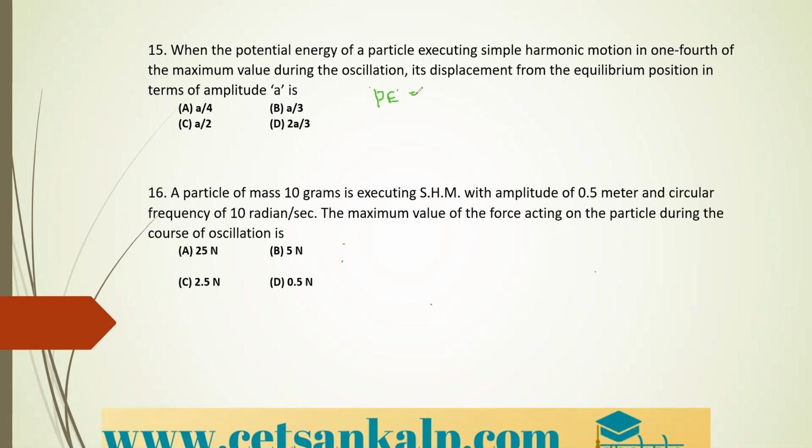Here we take it as actually potential energy is equal to maximum energy, but here they are saying that it is 1/4 of the maximum value. Therefore, we write it as 1/4 of maximum energy. So what is potential energy here? That is half m omega square y square is equal to 1/4 into bracket.